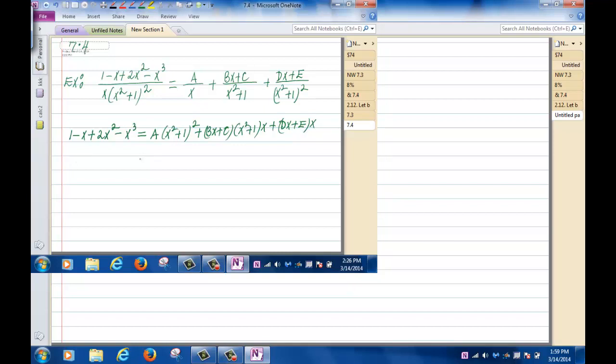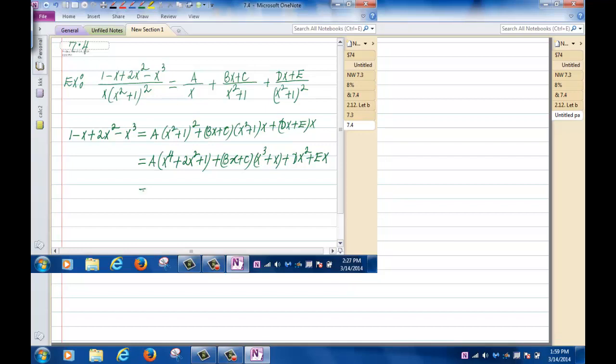In this case, the best thing to do would be to multiply out, which is a times x squared plus 1 squared would be x to the 4 plus 2x squared plus 1. Here I would be getting bx plus c times x to the 3 plus x. Here I am getting dx squared plus ex.